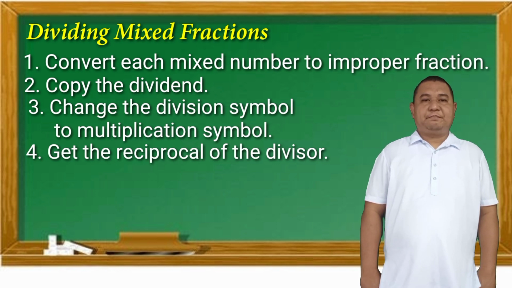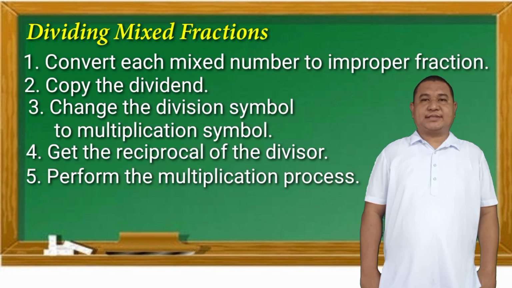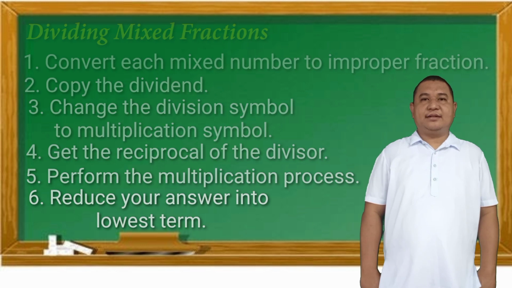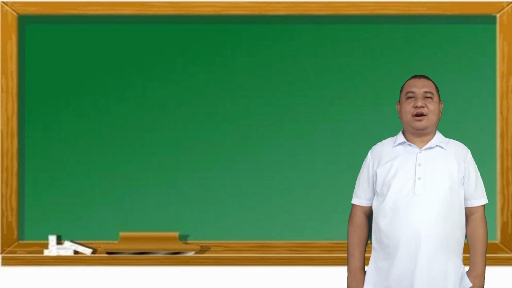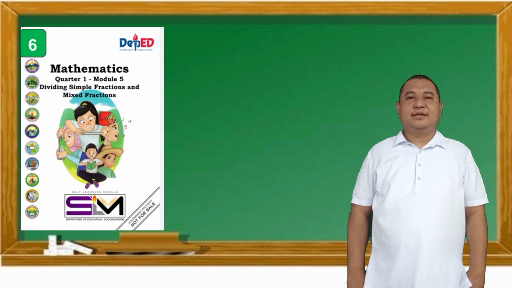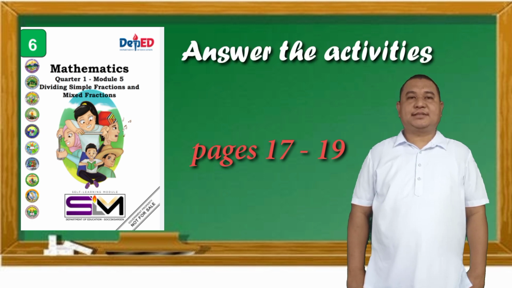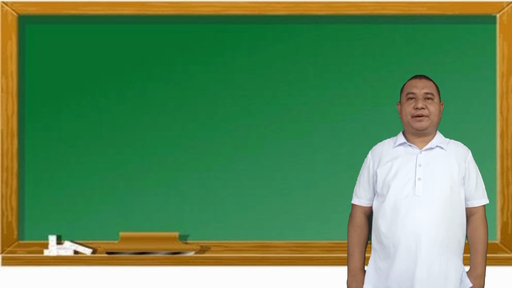Fifth, perform the multiplication process. Finally, reduce your answer into lowest term if needed. For better understanding of the lesson for today, see pages 17 to 19 of your module and answer the activities in a clean sheet of paper.